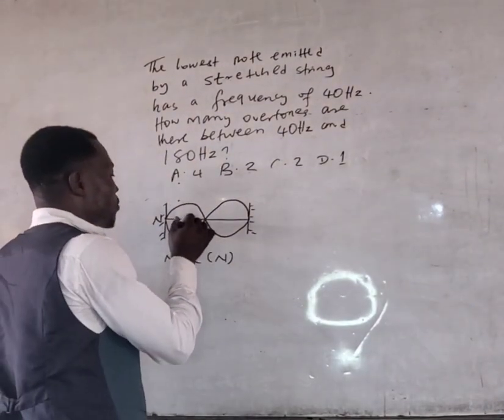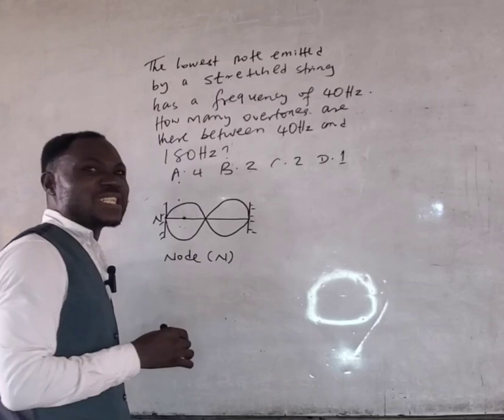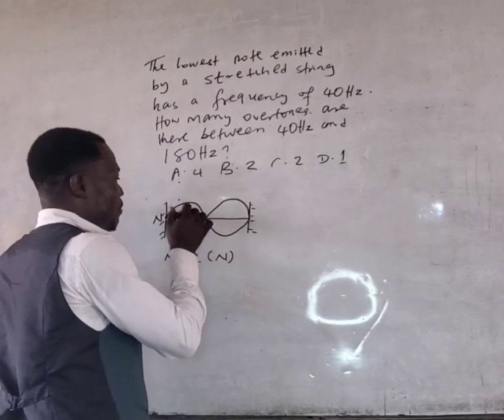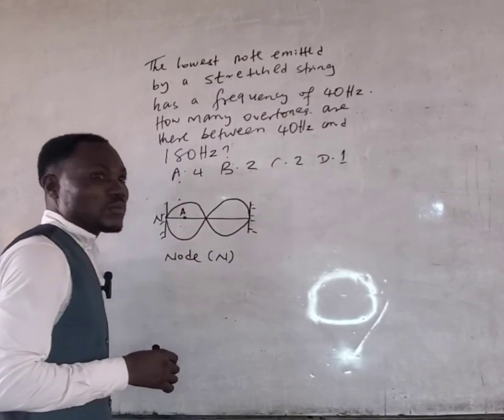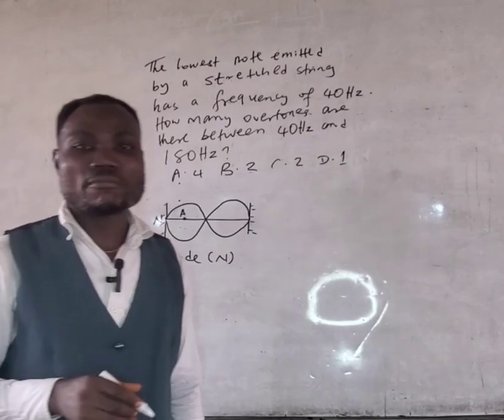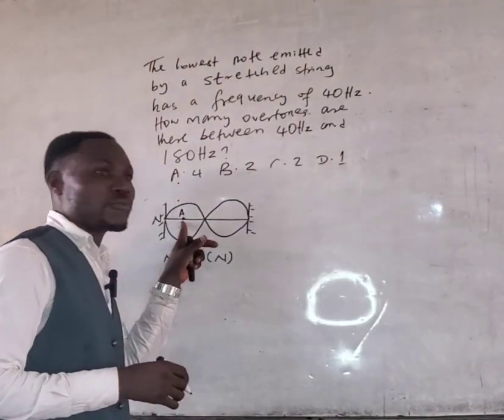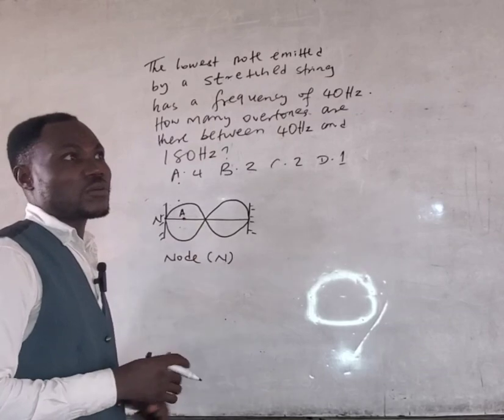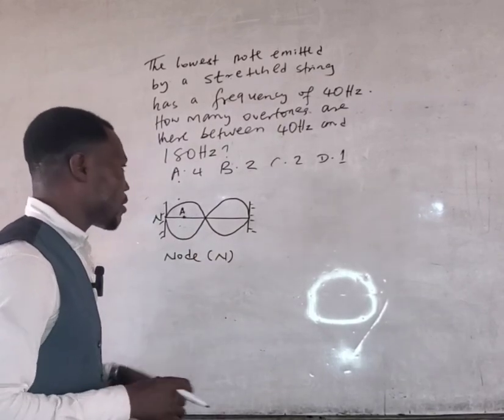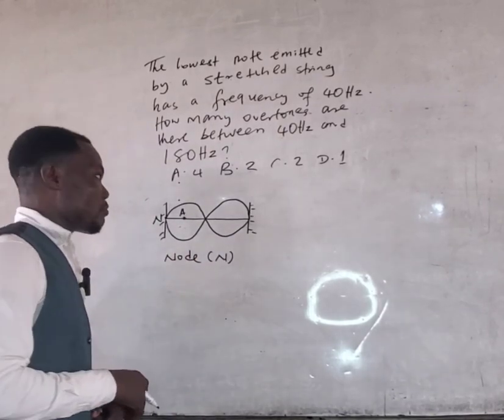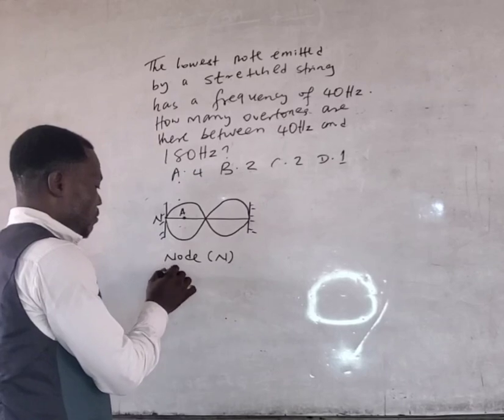Then we have a point on the stationary wave where there is maximum vibration, or maximum displacement, of the particles of the wave. We call it an antinode.